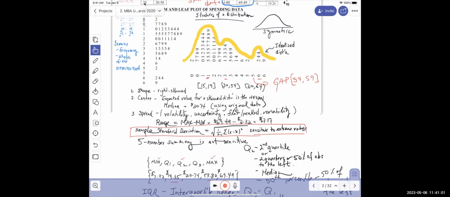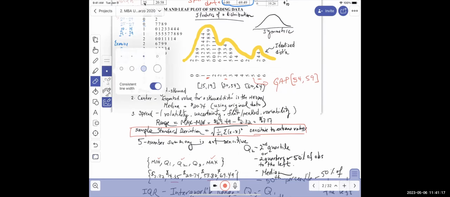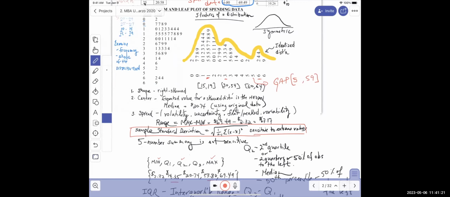Oh, did I read it wrong? 55 to 59. Yeah, sorry. Yes, you're right, Maite. Thank you. So the gap is 55 to 59. You're right. Let me correct. And I'll correct it when I get down there. And did I take these? I did take these, and I'm going to do it again. Did I make any other mistakes?